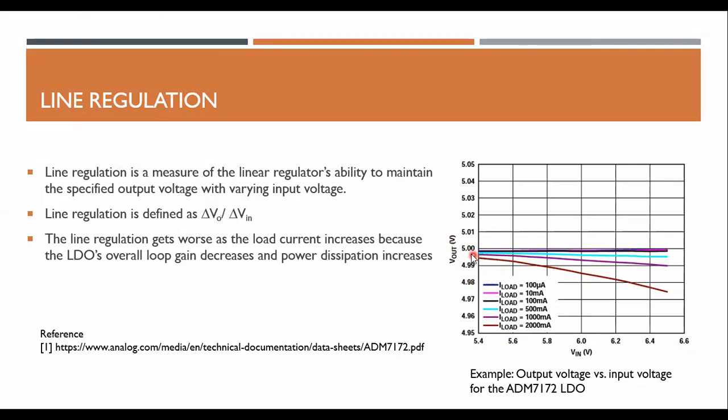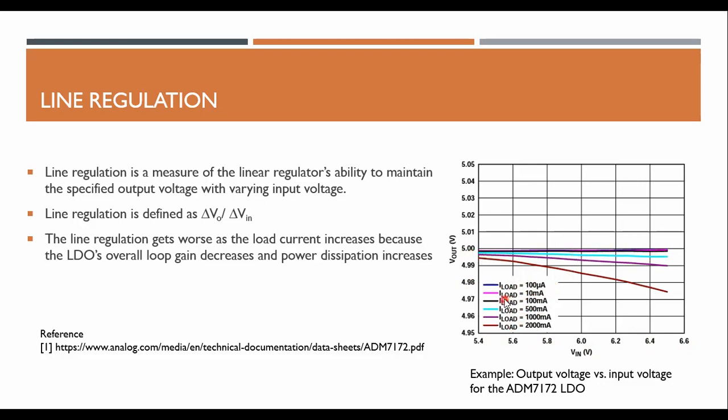In this example, you can see the output voltage plotted against the supply voltage for different load currents. In an ideal scenario, this should be a flat line. No matter what the supply voltage or the load current, you should get a fixed 5 volts output.